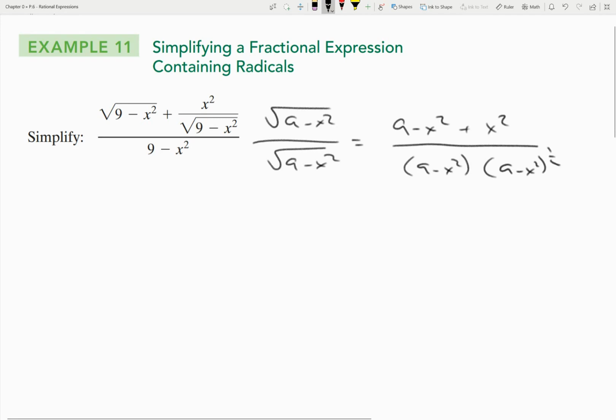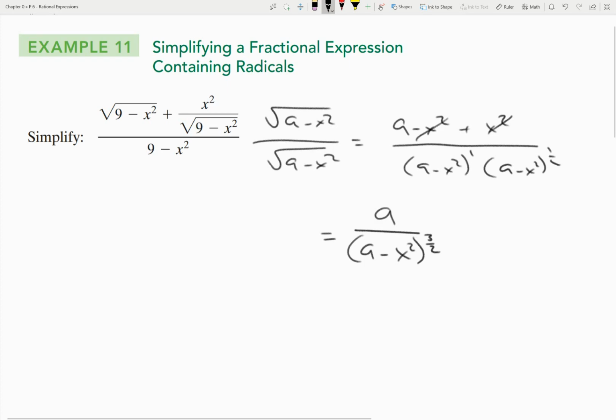So that means that we can do some nice addition here. These two cancel, and so my expression becomes 9 over 9 minus x squared to the 3 over 2 power.